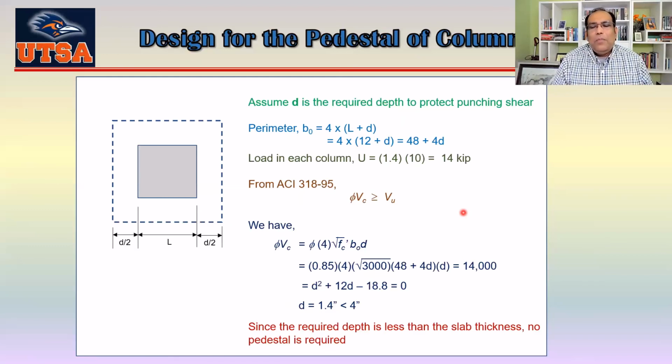Okay, but in many cases you will see that when your load on the column is very high, then you might have to put some pedestal there. Okay, so let's say here, if your D is, let's say, 6, which is greater than 4, then you can see here that the total length here would be 12 plus 6, so that's 18.